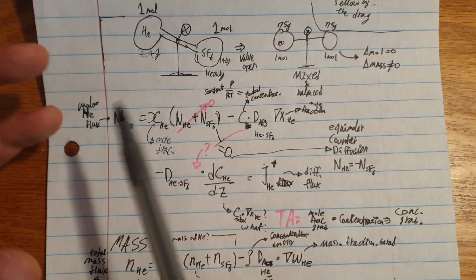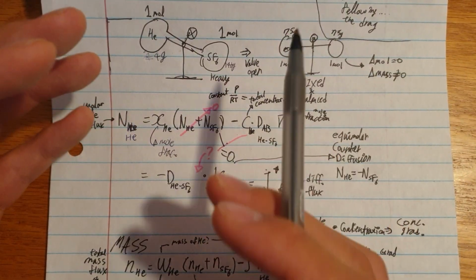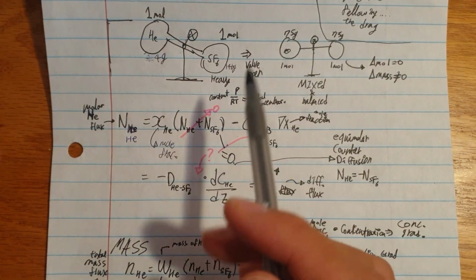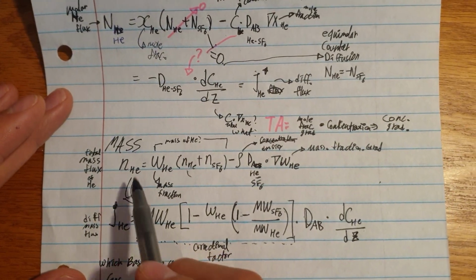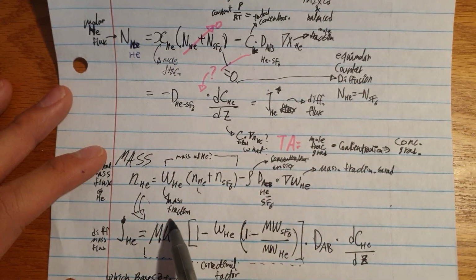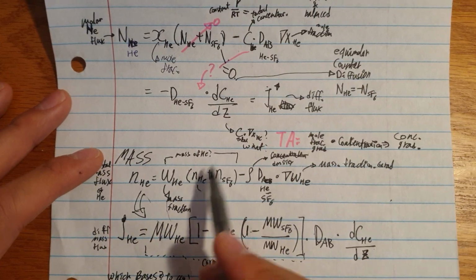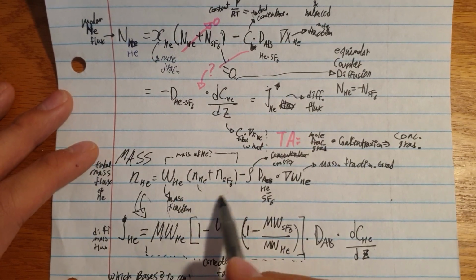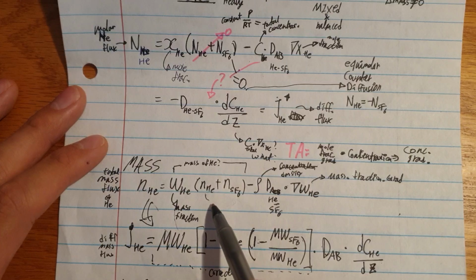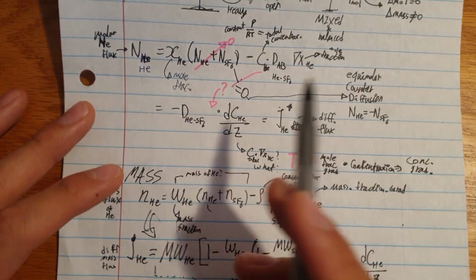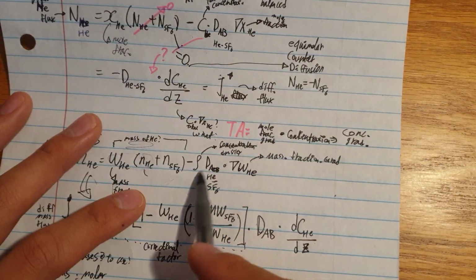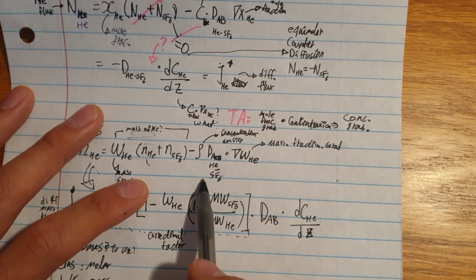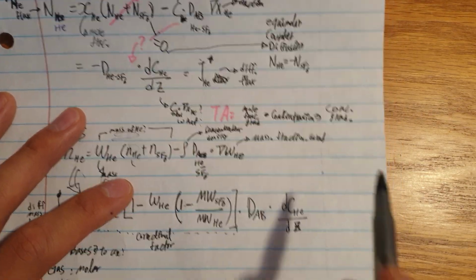If you look at it from the mass perspective instead of the mole perspective, we have the total mass flux of helium, which is equal to the mass fraction of helium times the mass flux of helium plus the mass flux of SF6, minus the density times the diffusivity of helium times the mass fraction gradient.